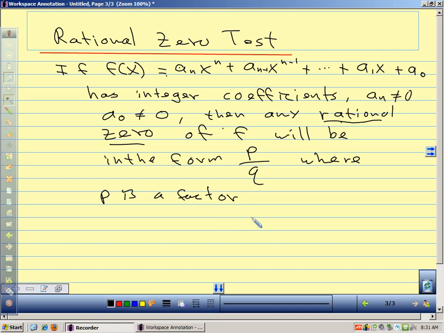So any rational 0 will be of the form p over q, where p is a factor of a sub 0, and q is a factor of a sub n.